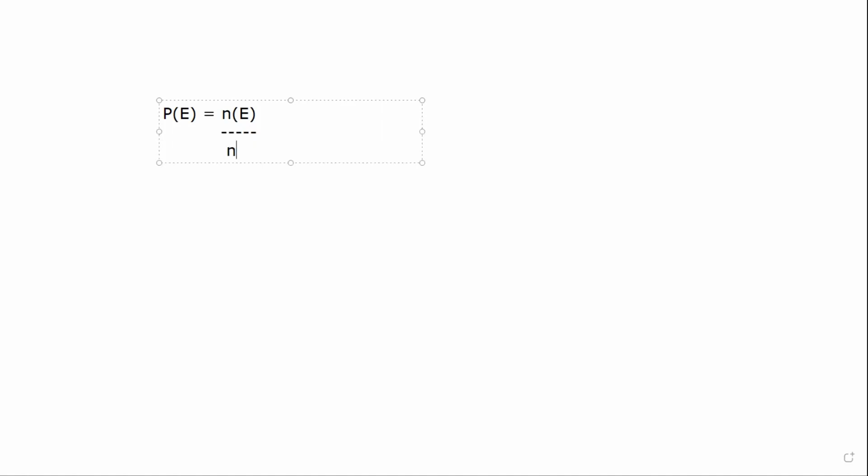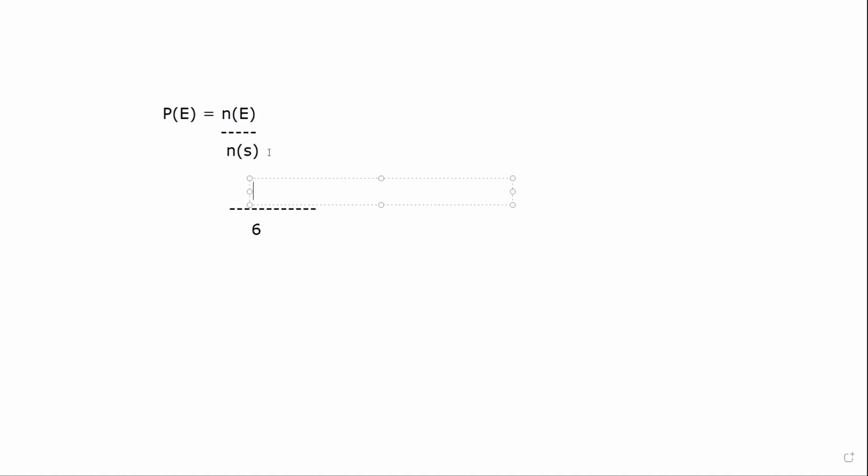So in this case, we know there are 6 outcomes in our sample space. How many of them are we interested in? 2.